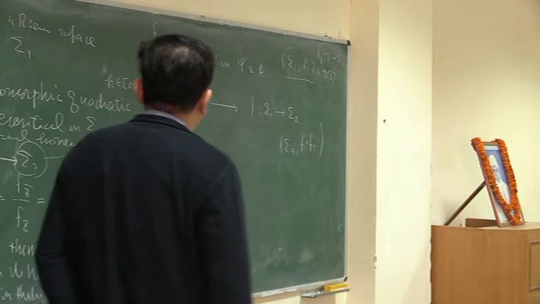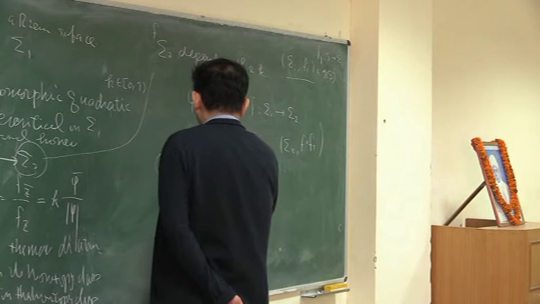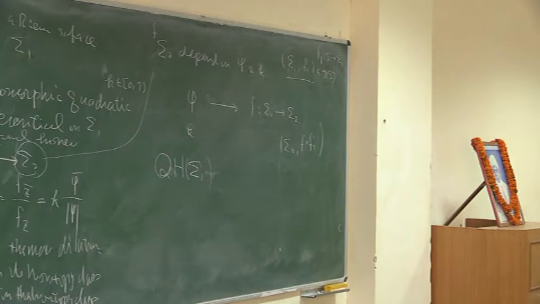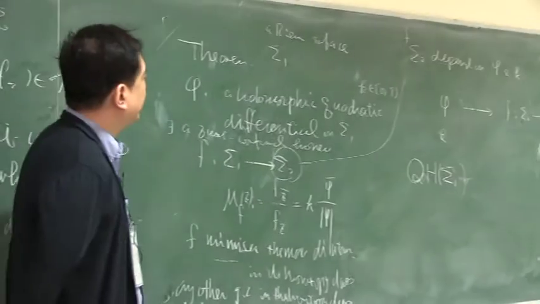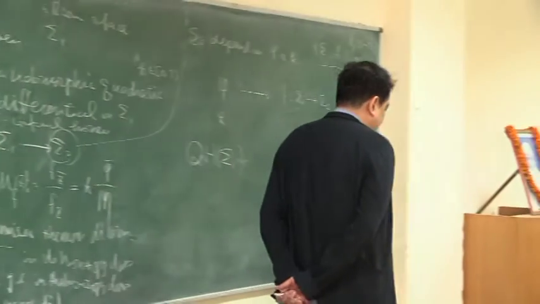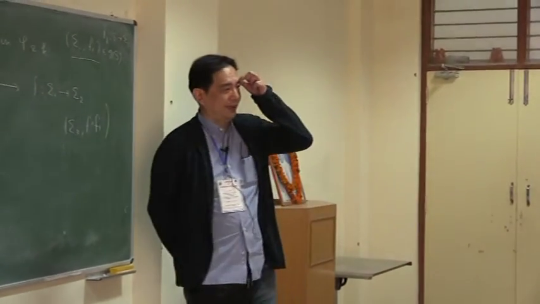So now we consider the space of holomorphic quadratic differentials on sigma 1. The definition shows you that it's a complex linear space.